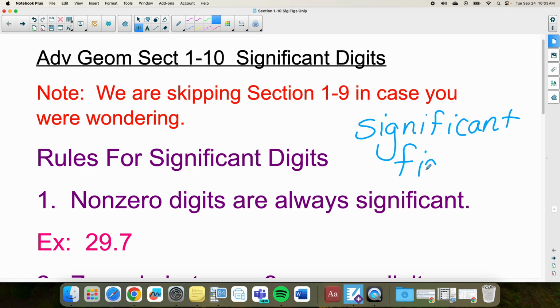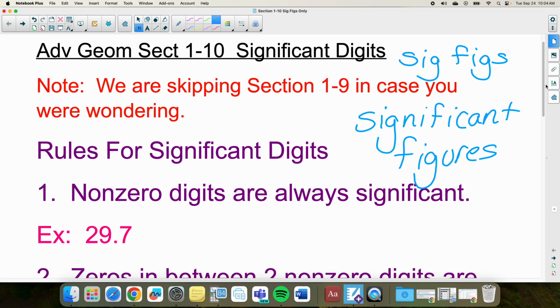And a lot of science teachers call it sig figs. So if you hear me say sig figs, I actually have a chemistry major and I used to teach chemistry. If you hear me say sig figs, that's the same as significant digits, okay?